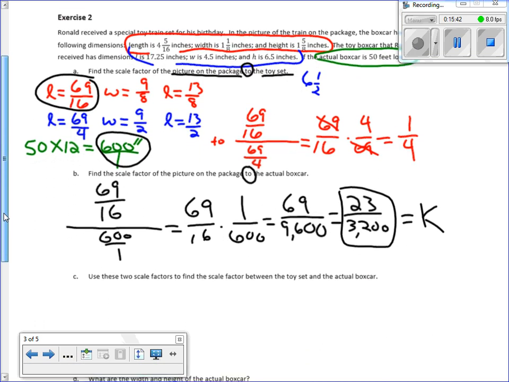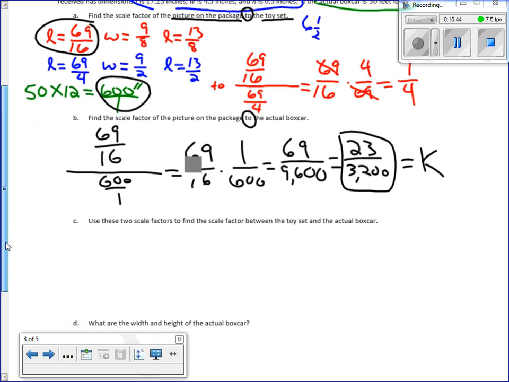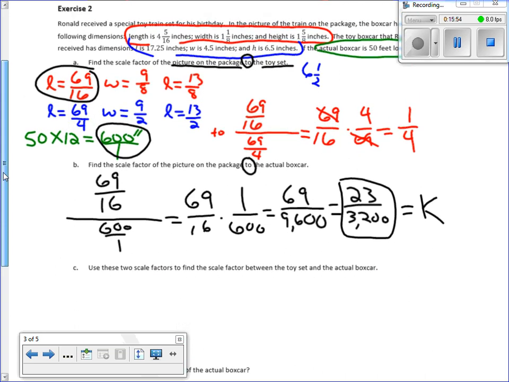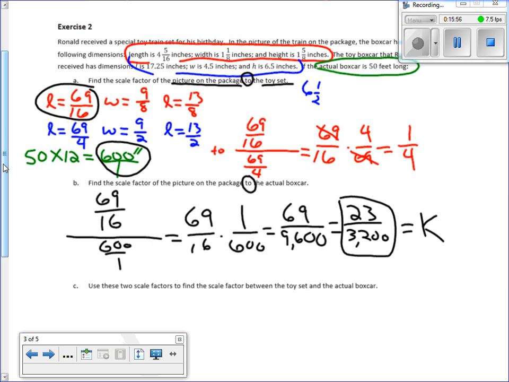All right. So now when we move up here to C, it says use these two scale factors to find the scale factor between the toy set and the actual box. So the scale factor of the picture to the toy set was a quarter.